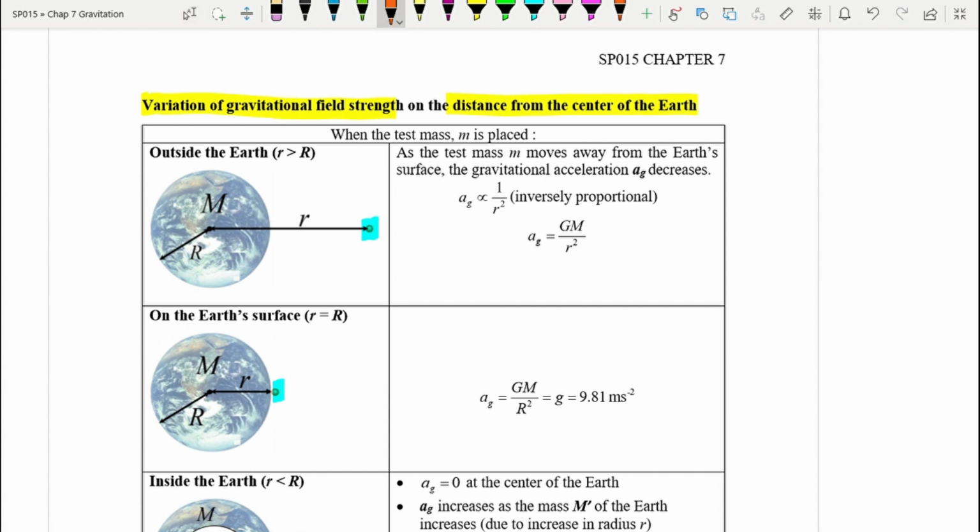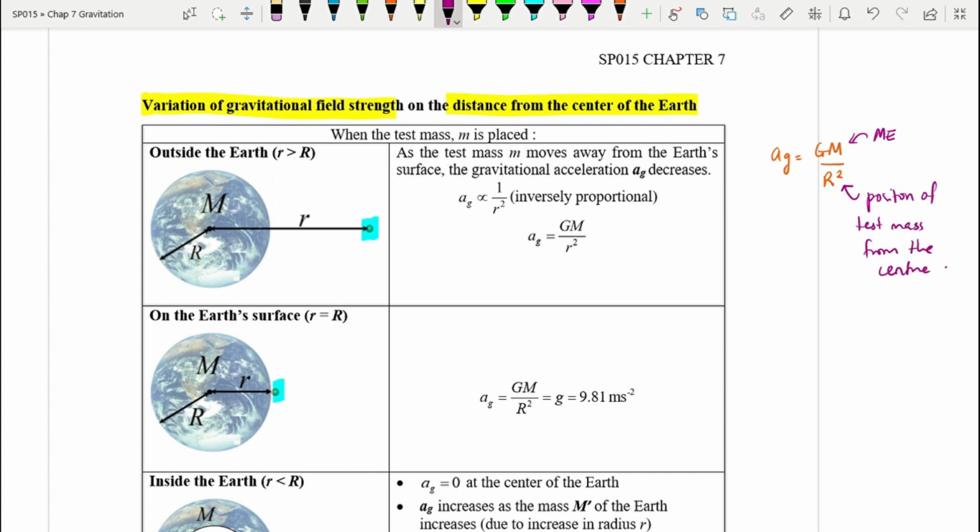So formula yang kita akan gunakan mestilah AG equals to GM over R square. Okay, so obviously kalau kita tengah cerita point mass kita adalah earth, mass ni mesti mass of earth. Dan R ni bergantung pada position test mass kita lah. Position of test mass mesti from the center of the earth.